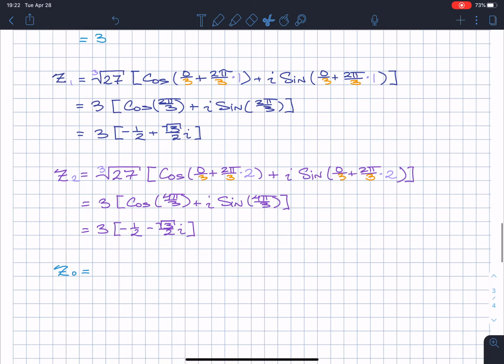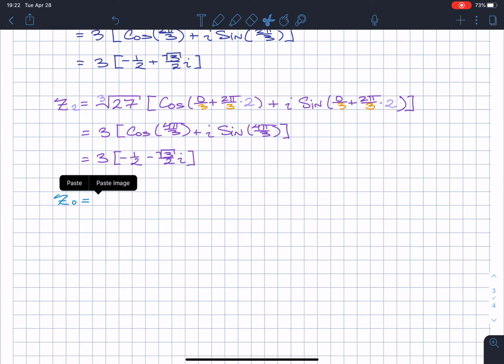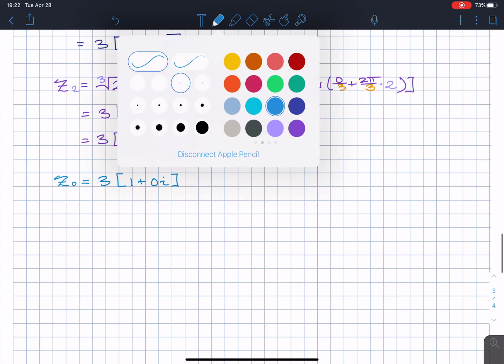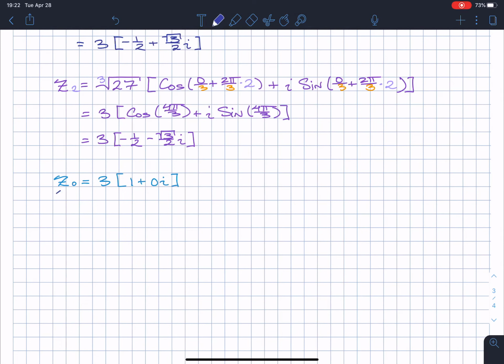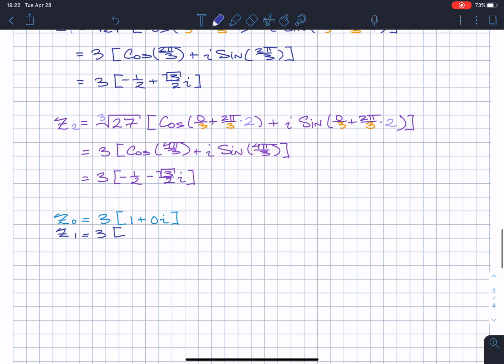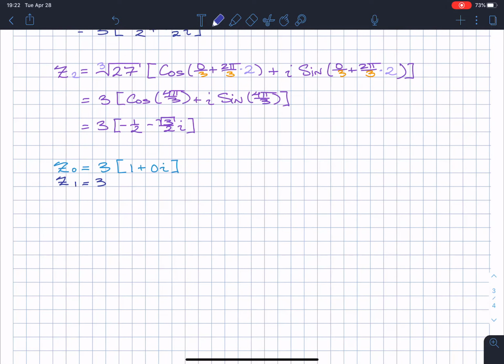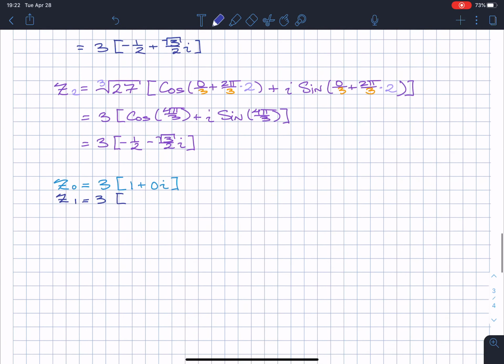So z sub 0 was just 3, or 3 plus 0i. z sub 1 was 3 times negative 1/2 plus root 3 over 2 times i.